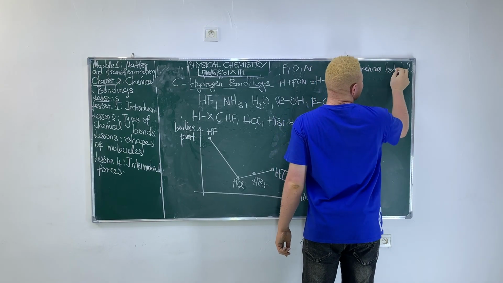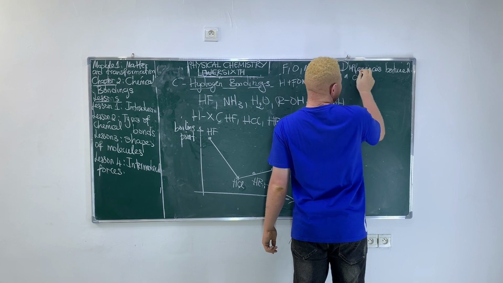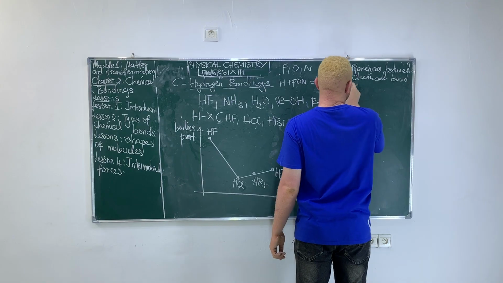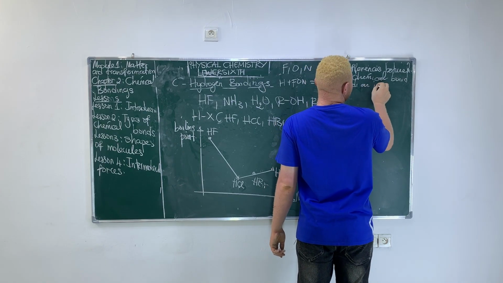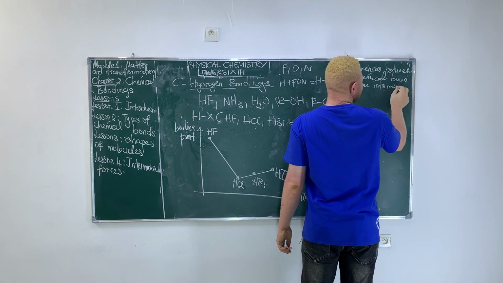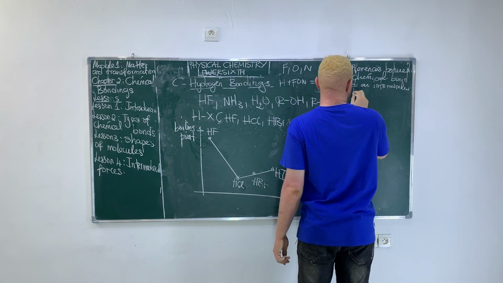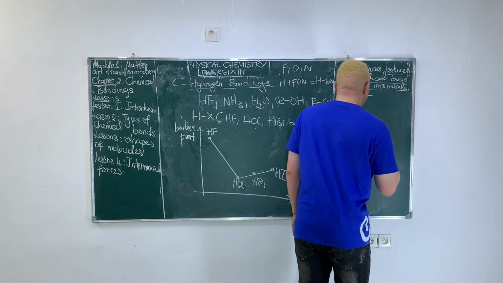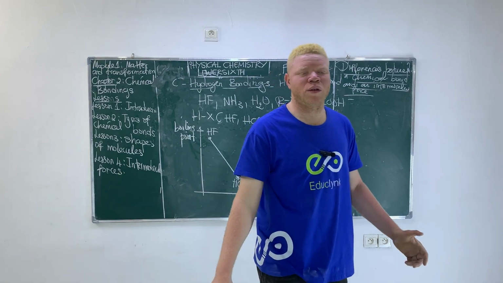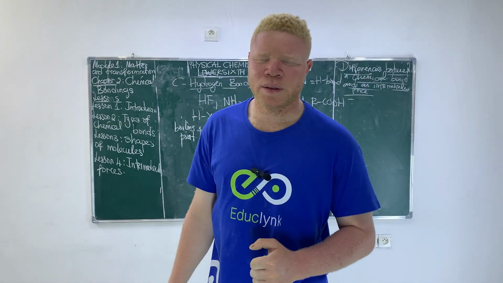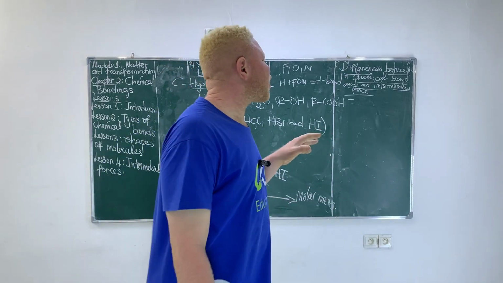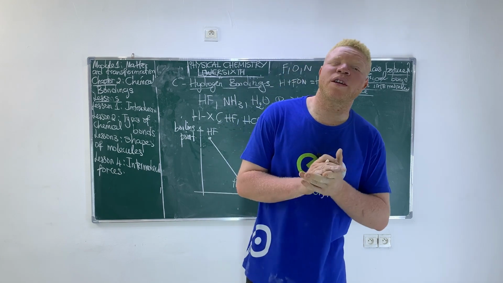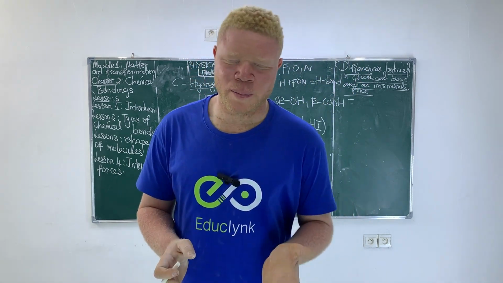One, a chemical bond is stronger than an intermolecular force. Two, a chemical bond acts between atoms or ions. An intermolecular force acts between molecules.